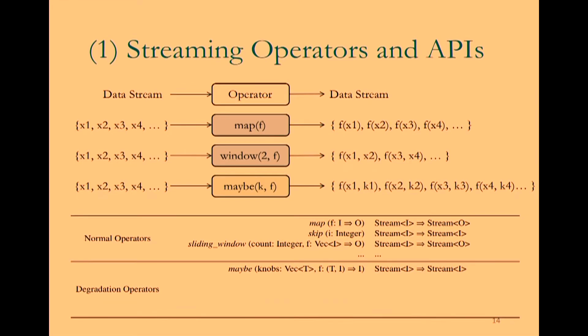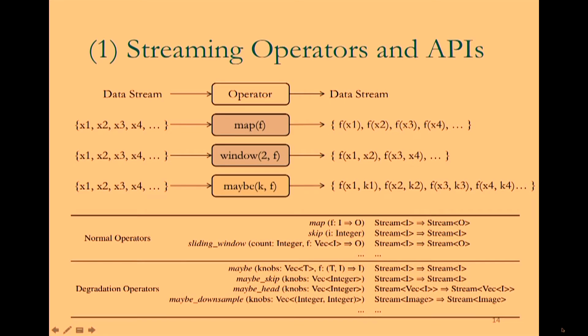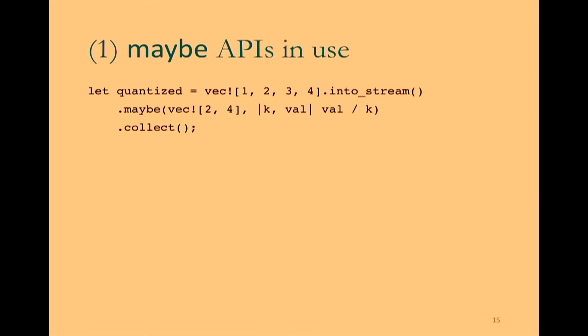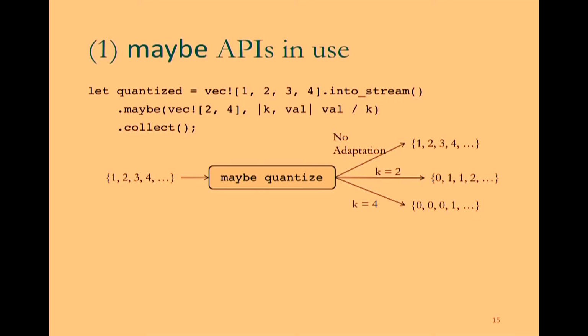And on top of this basic maybe operator, they can build a set of other operators that can be used differently by the applications. As an example of how a maybe operator can be used, this code snippet shows a quantized data stream where the input could be a stream 1, 2, 3, 4.